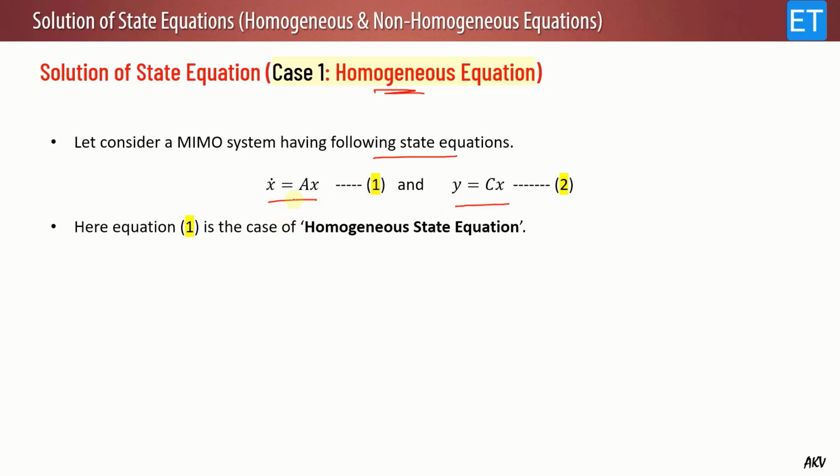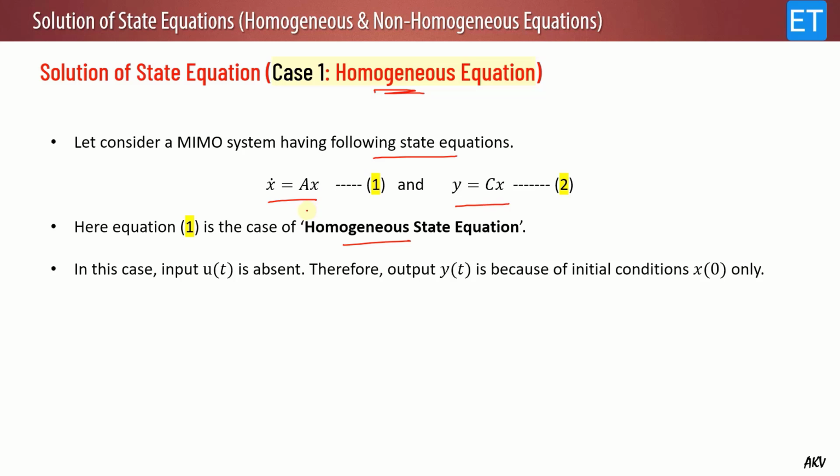By looking at equation number one, obviously it is the case of a homogeneous matrix differential equation. In this case, as I said, the input is absent, therefore the output y(t) is only because of the initial conditions present in the system. If the initial conditions are also 0, then definitely the output will also be 0.